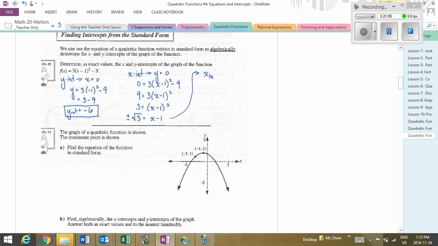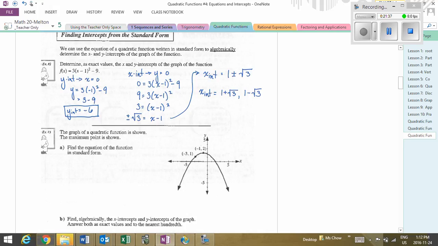So my x-intercept will be 1 plus or minus root 3. So those then are your two x-intercepts. In some cases, you'll see people writing both just together as 1 plus or minus root 3. Other people may ask you to write them separately. So my x-intercepts are 1 plus root 3 as well as 1 minus root 3.